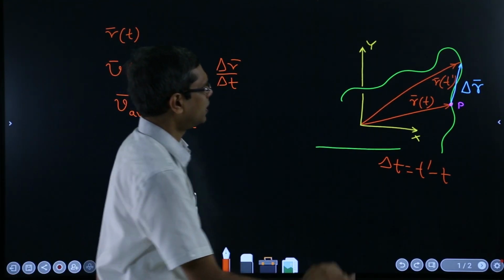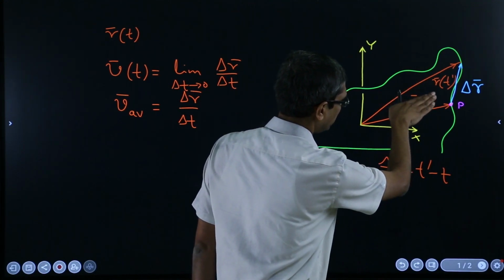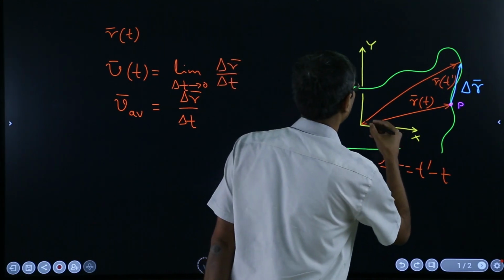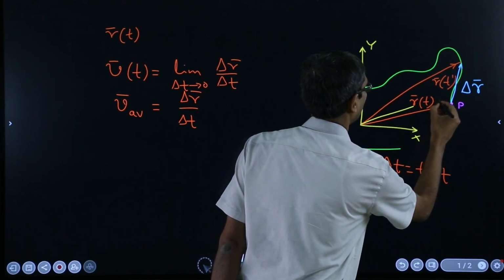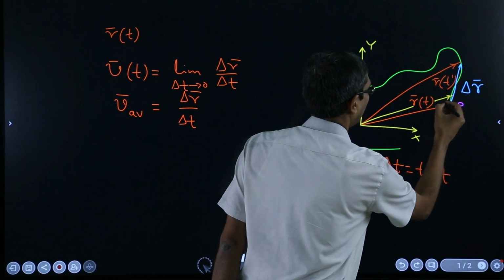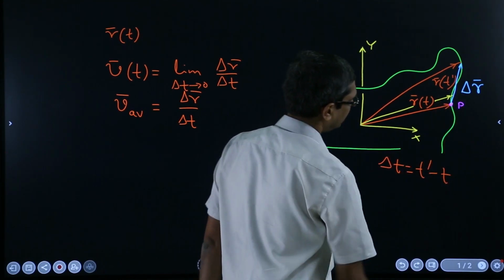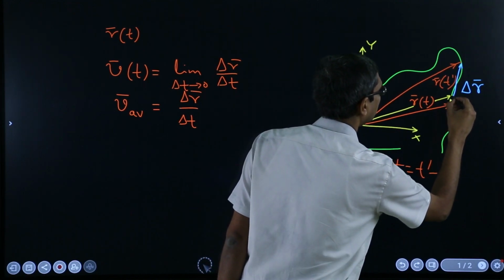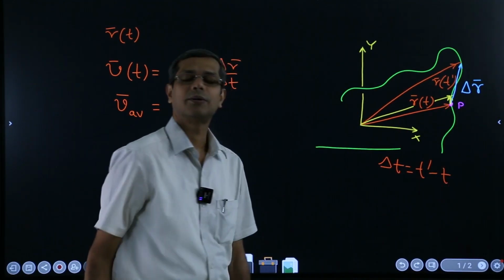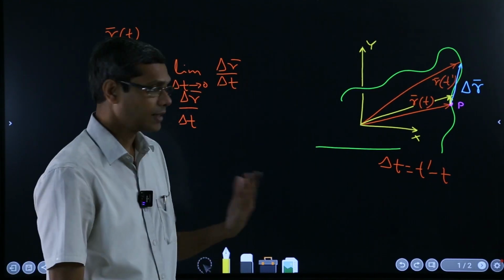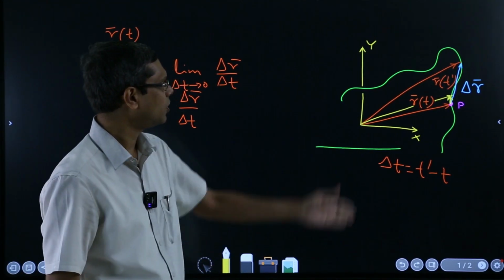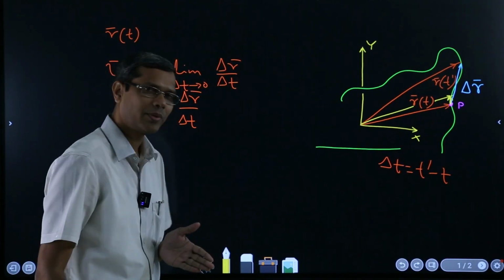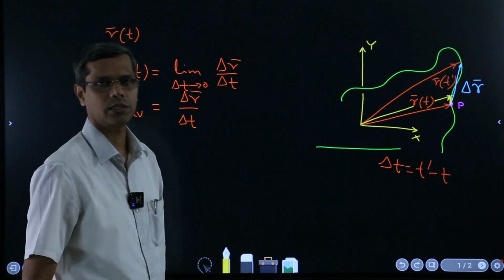That means this position vector comes closer and closer, and in the limit that delta t tends to 0, this line will become tangent to the curve on which it's moving.